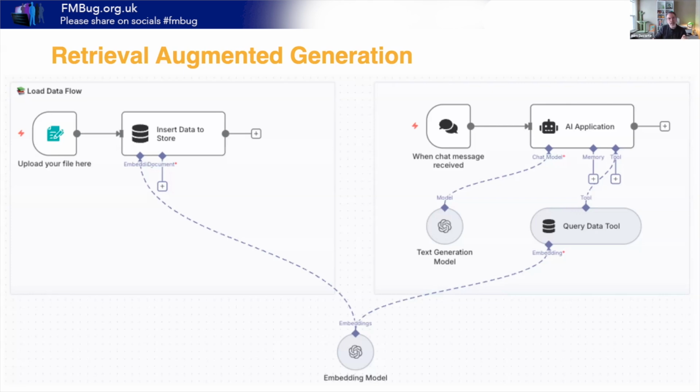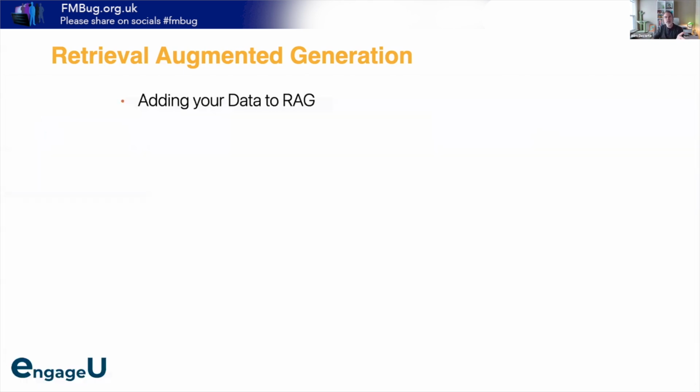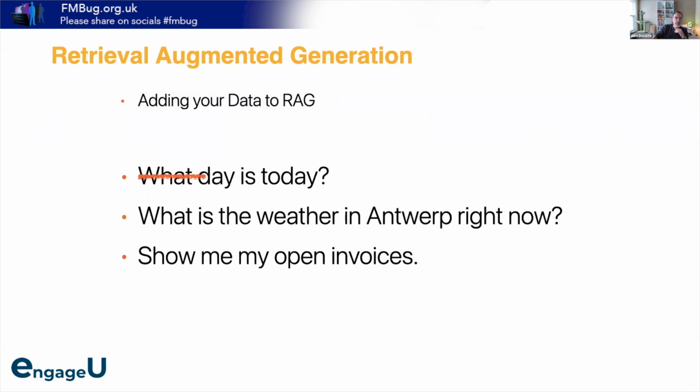But this is not a live connection to your FileMaker system. You can take data out of your FileMaker system, PDF it, JSON it, whatever, embed it, and then feed it to a RAG database. But once it's there, it's separate from your live data. So fundamentally, these things are still not solved.